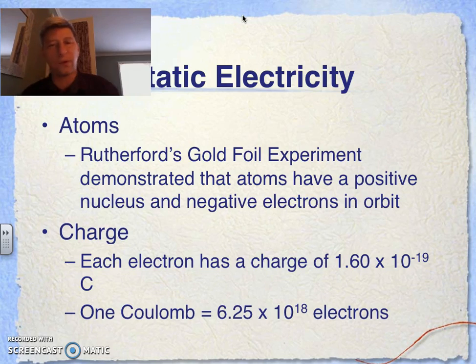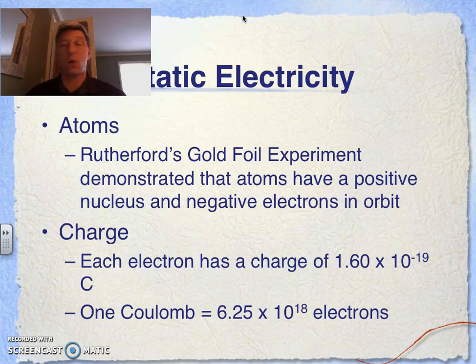Rutherford was able to demonstrate essentially the structure of an atom. But it was important because he also illustrated that the positives and the negatives were not found in the same place.